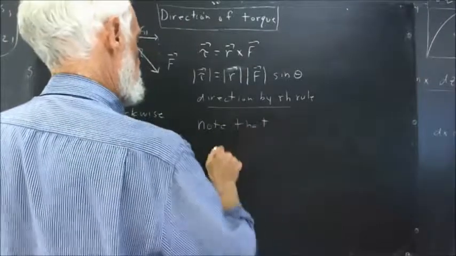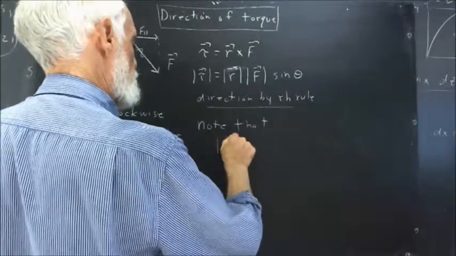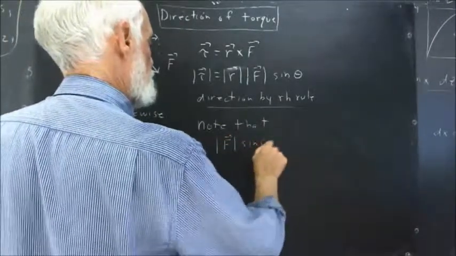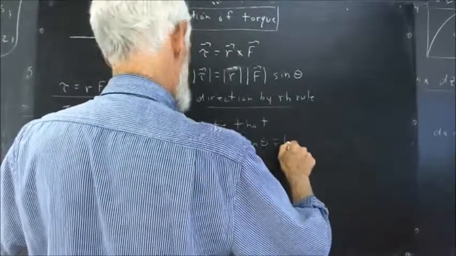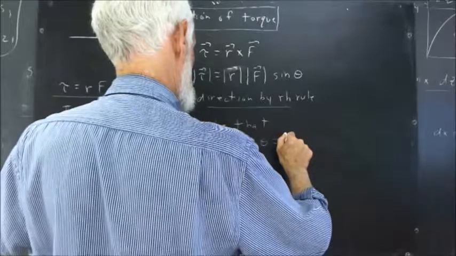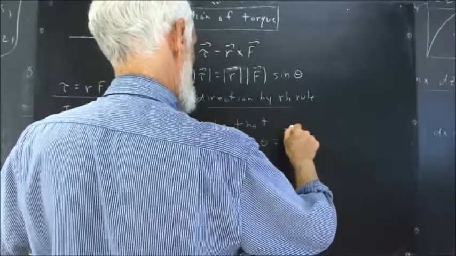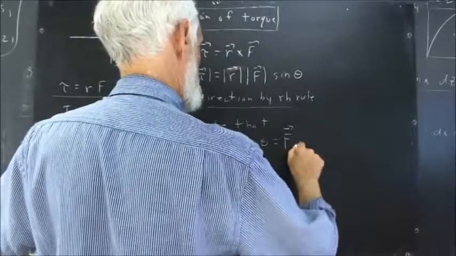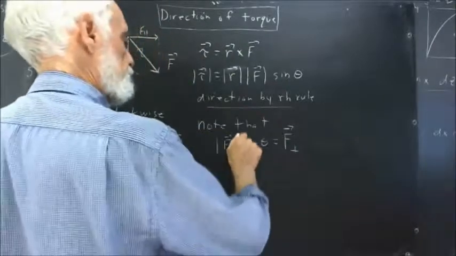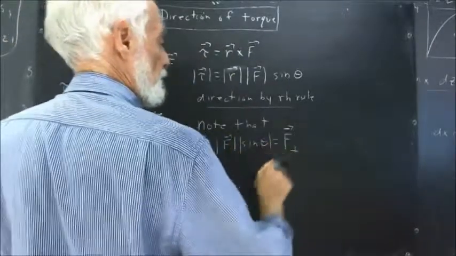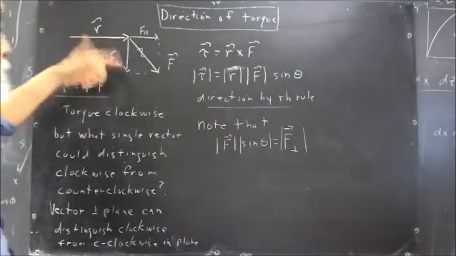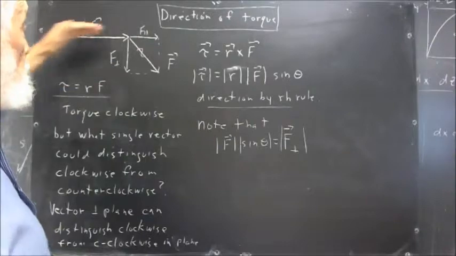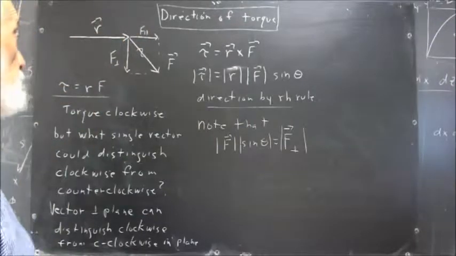note that magnitude of f sine theta, I guess I need to put a magnitude around the sine theta, is the magnitude of f perpendicular. That's fairly obvious. Theta being the angle between the r vector and the f vector.